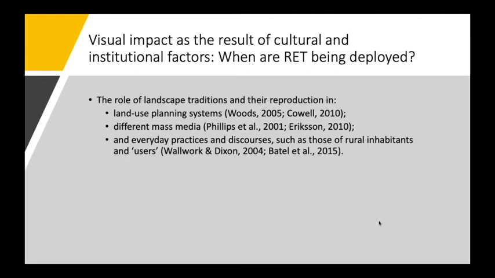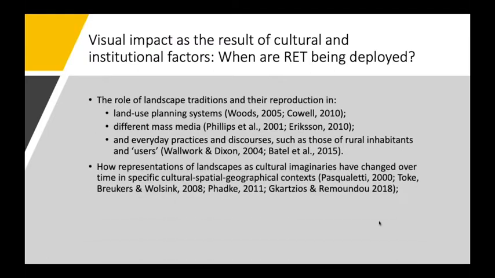Research that is part of this larger strand and contributes to the study of this dimension is the research that has been looking at the role of landscape traditions and their reproduction in planning systems, different mass media, and also in people's everyday practices. And that has been showing how landscapes are cultural imaginaries that have changed over time in specific cultural and spatial geographical contexts.